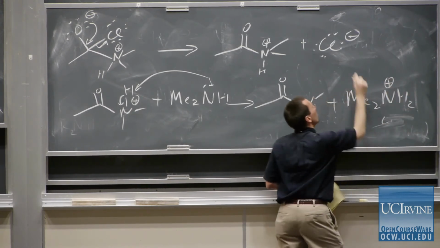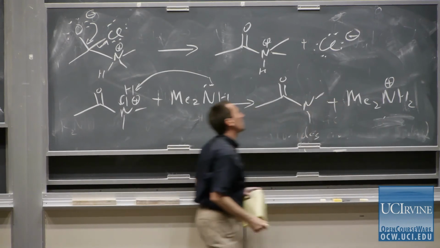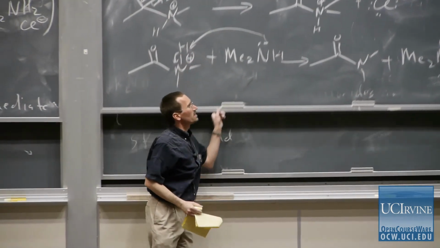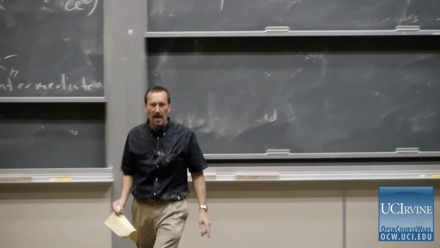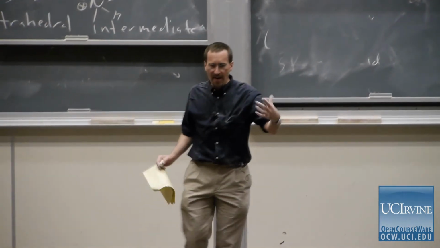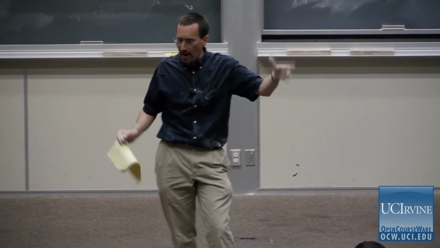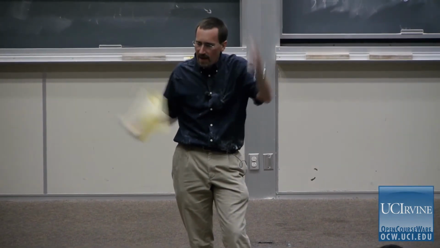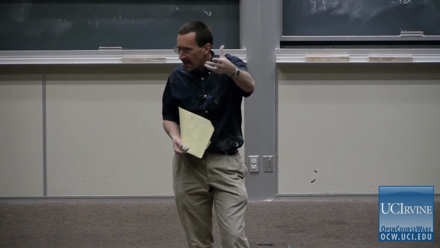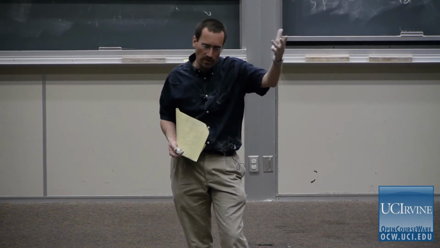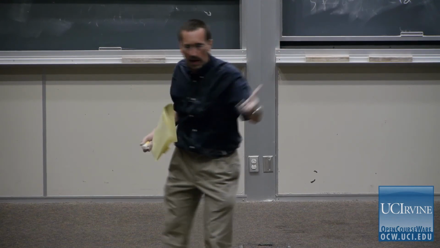Well, I guess I've already written my chloride, so I'll just balance my equation and say plus the dimethylammonium product. And if I were to not have that extra equivalent of dimethylamine around, halfway through, all of my dimethylamine, the remaining dimethylamine, would be protonated as the hydrochloride.